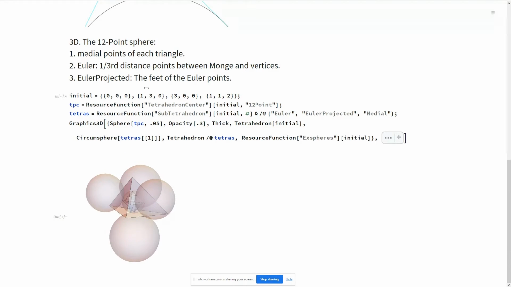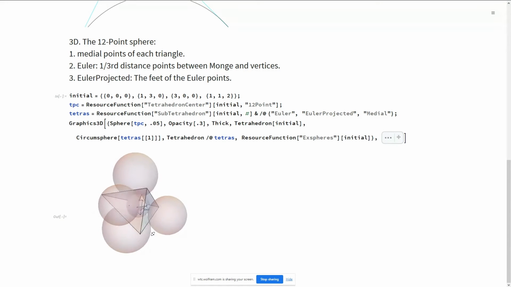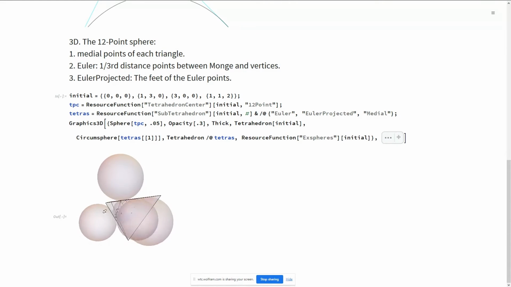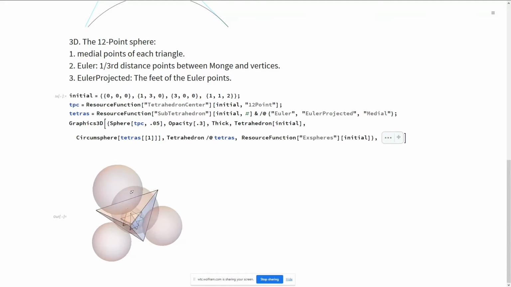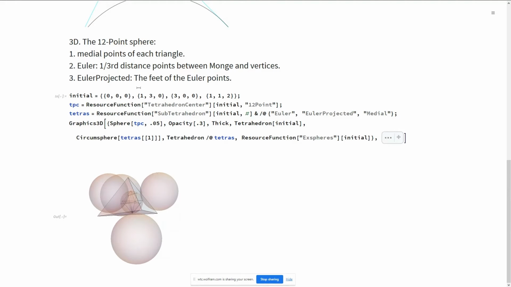You can also look at the feet of the projection of each point to the opposite face, and that will give 4 more points. So that's the Euler projected tetrahedron. And all 12 of these points are on the 12-point sphere. The tangency quality is lost, though. That doesn't happen with the 3rd dimension.